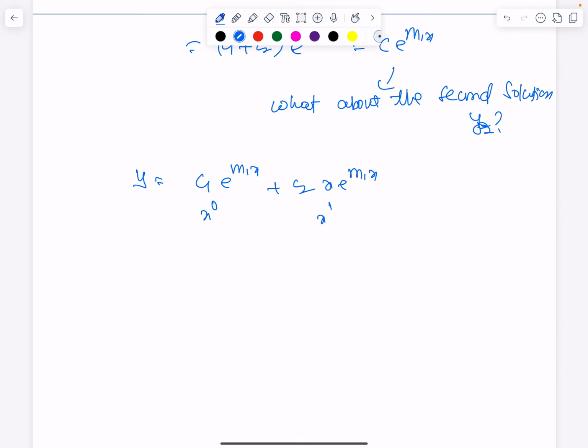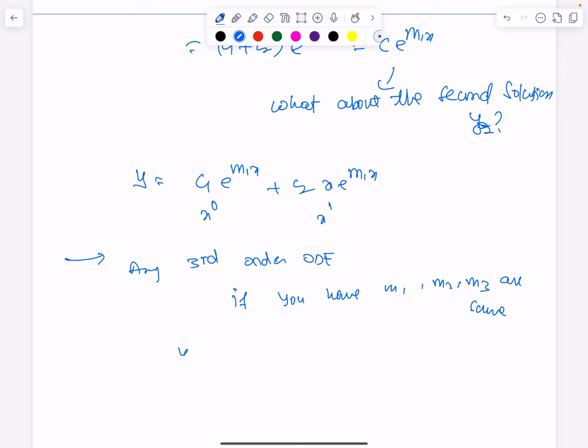Suppose you are handling any third order differential equation, any third order ODE, and m1, m2 and m3 are all the same.